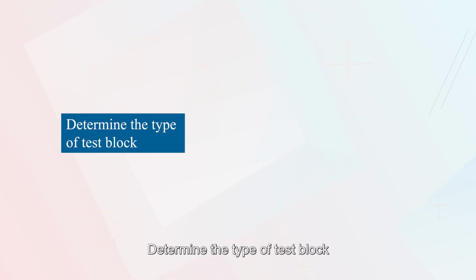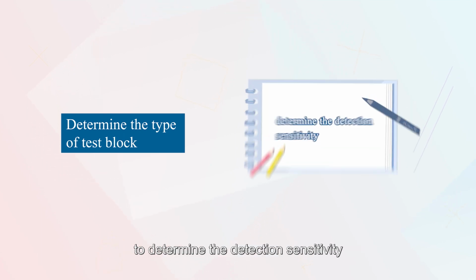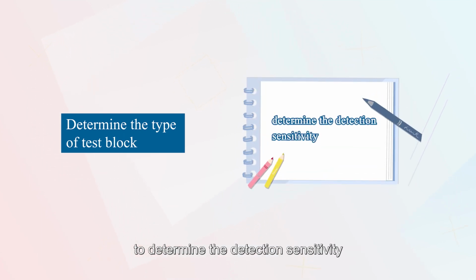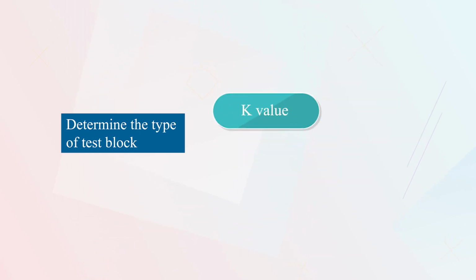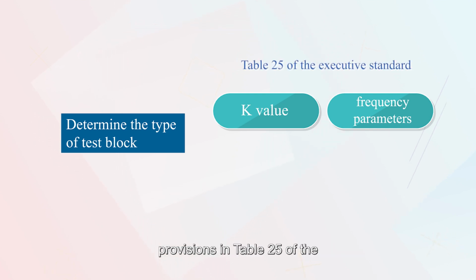2. Determine the type of test block. The function of the test block is mainly to determine the detection sensitivity. Select the K value and frequency parameters according to the provisions in Table 25 of the Executive Standard.